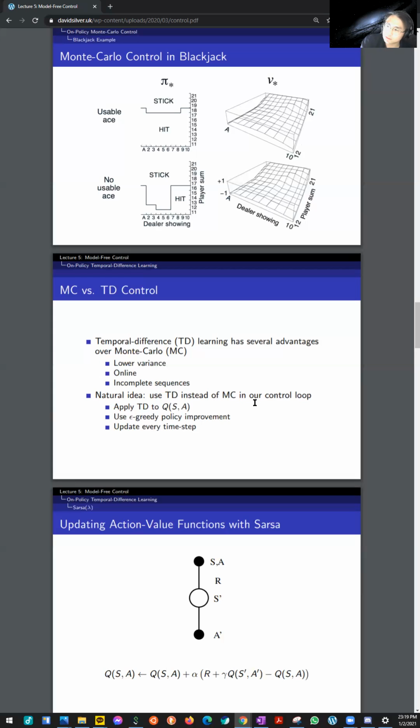However, for temporal difference learning, we don't need that. Since we're just estimating, you can think of it as, as we're moving to the termination point, we are updating the value function instead of waiting until the end. This also gives an extended advantage that we don't even need a complete episode.